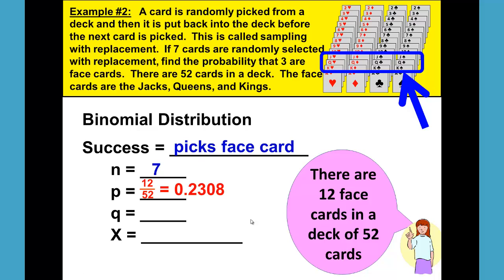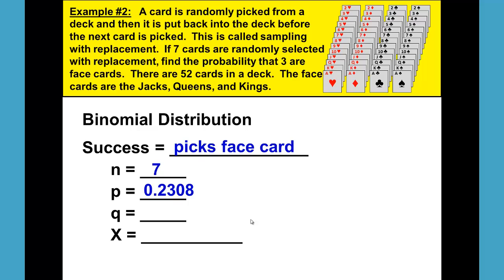of 0.2308. Miss Borlaug did round that to 4 decimal places, and so the probability of failure would be 1 minus 0.2308, and gives us 0.7692.